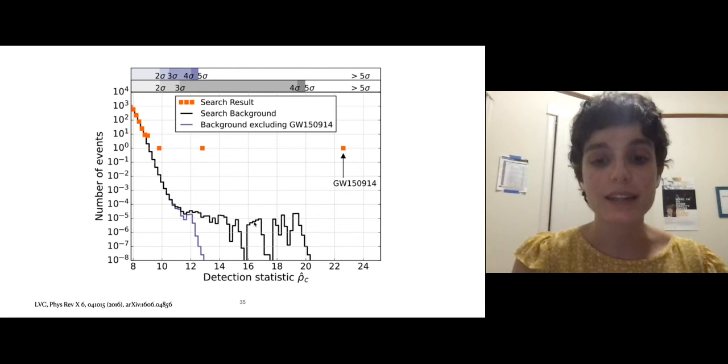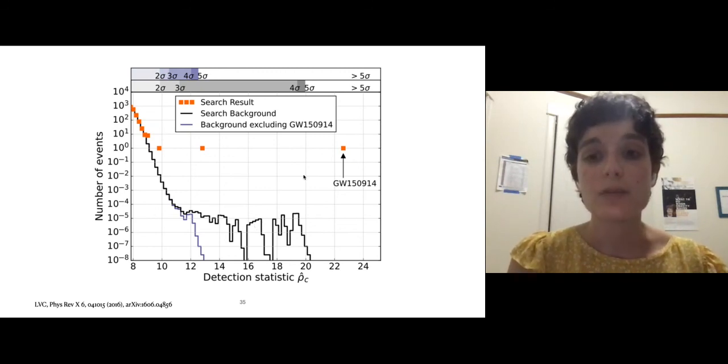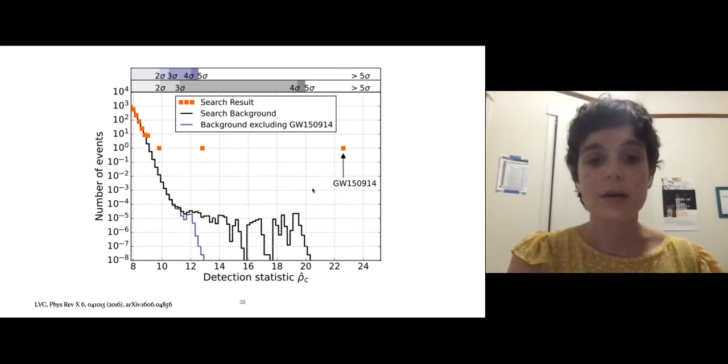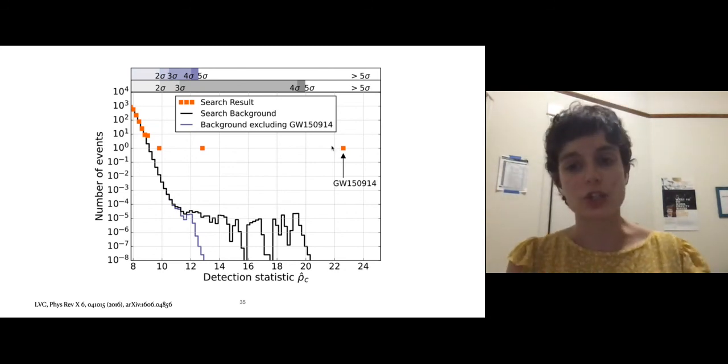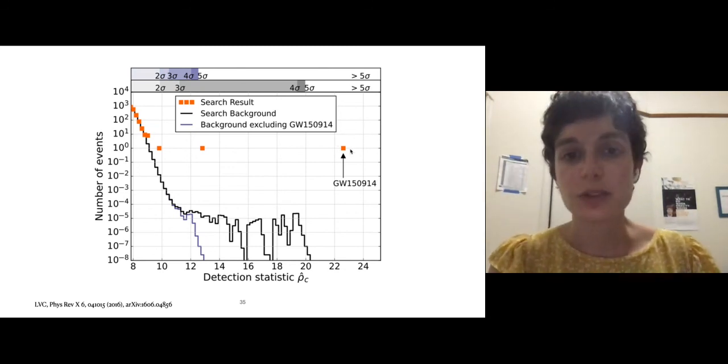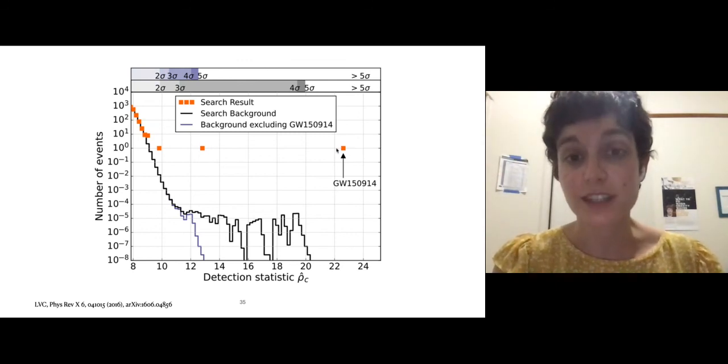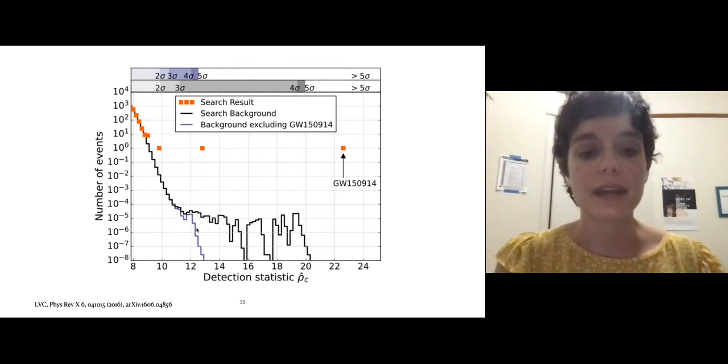Sometimes we get a pretty high detection statistic just from this real signal lining up with some noise in the other detector. So if you are really looking to just measure your noise, you can exclude this signal, because it definitely doesn't occur by noise, and get this other distribution here.